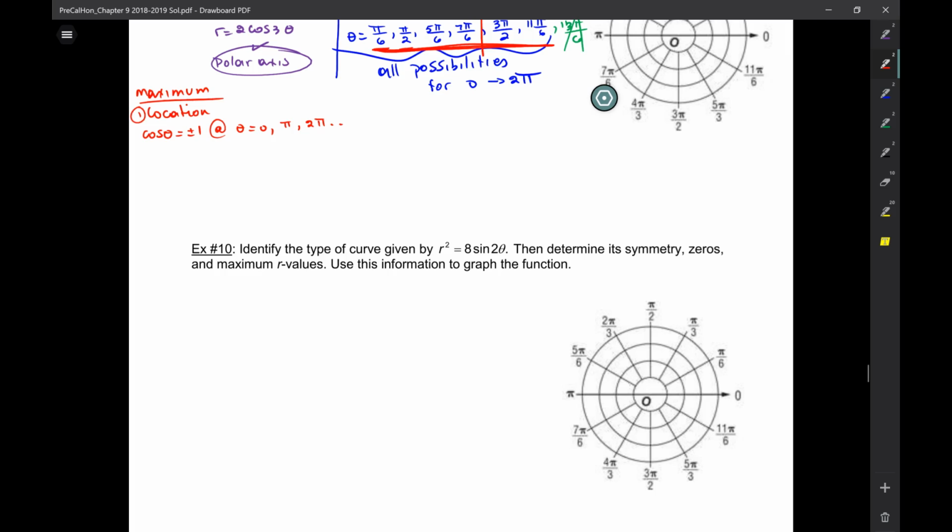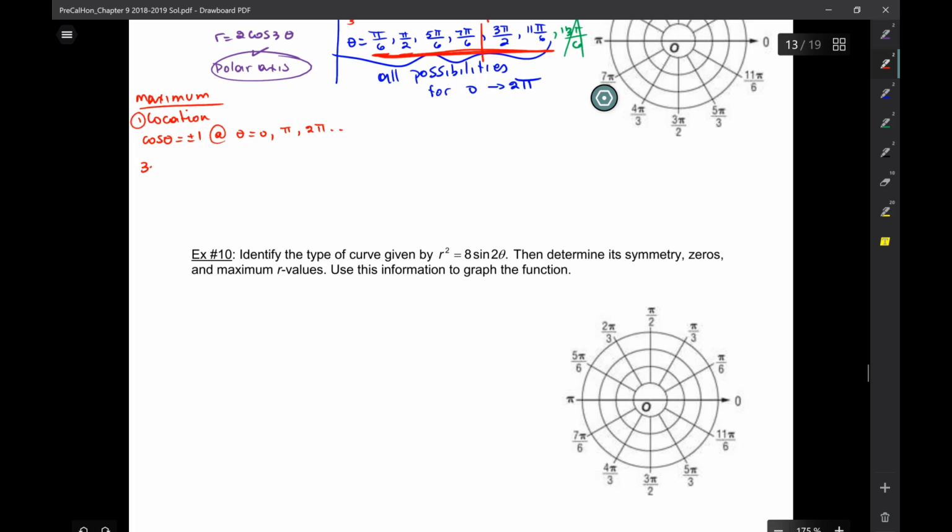That's where cosine is farthest from the x-axis. So you say, okay, 3 theta is 0, 3 theta is pi, 3 theta is 2 pi. So theta is 0, pi over 3, 2 pi over 3. Okay?